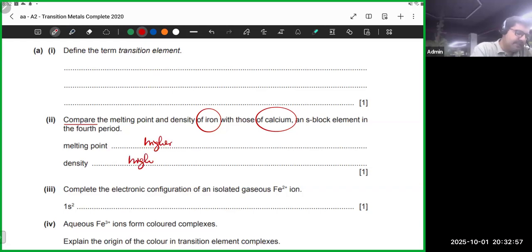You have to write the electronic configuration of Fe. That's 26 electrons. So that's 1s2, 2s2, 2p6, 3s2, 3p6, 4s2. That's 20 electrons, and then 3d6. Now, the 4s is going to be filled first, then your 3d. Now, it lost 2 electrons, right? Fe2+. So the outer 2 electrons are going to be gone.